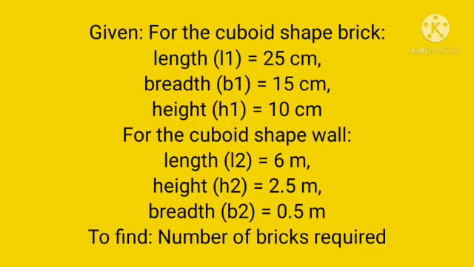Given for cuboid shaped brick, length L1 is equal to 25 centimeters, breadth B1 is equal to 15 centimeter, height H1 is equal to 10 centimeter. For cuboid shaped wall, length L2 is equal to 6 meter, height H2 is equal to 2.5 meter, and breadth B2 is equal to 0.5 meters.